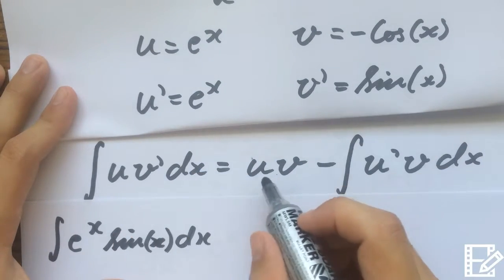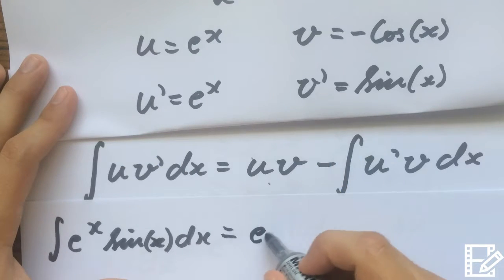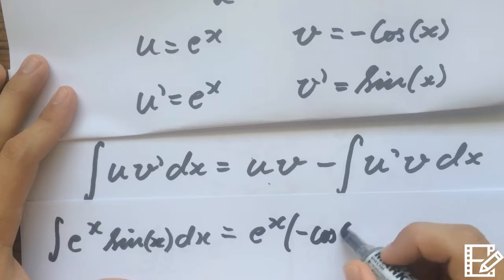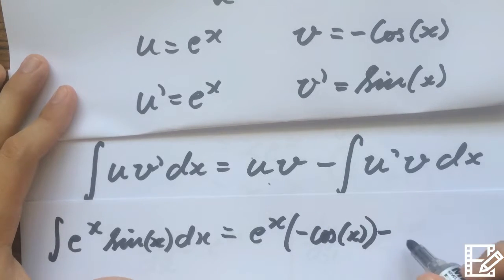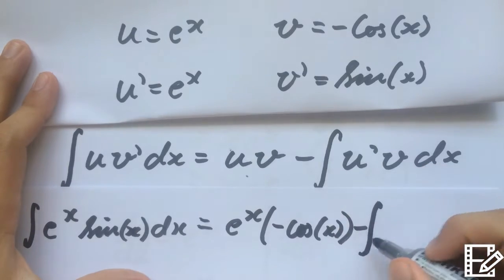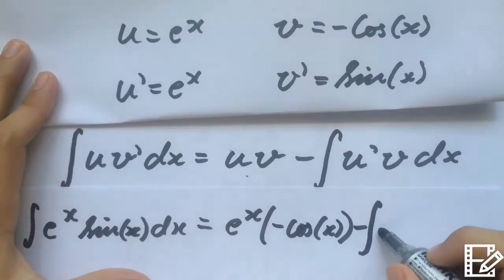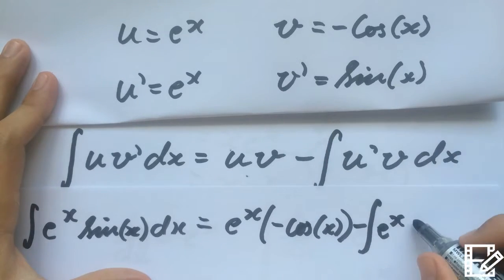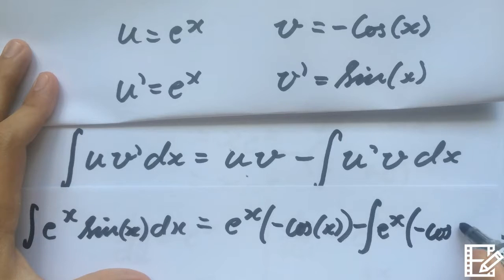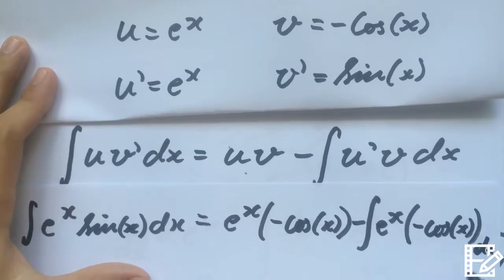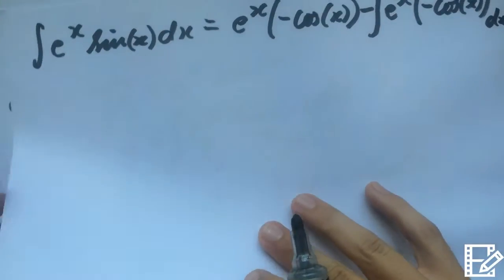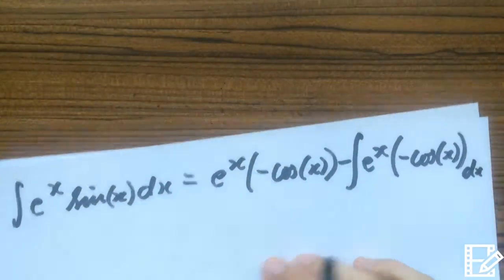Now we can answer this: u is e to the x, v is negative cos x, subtract the integral of u dash, e to the x, times v, negative cos x, and we fit in a dx down there. Okay? So now we have our equation. Now let's solve it.